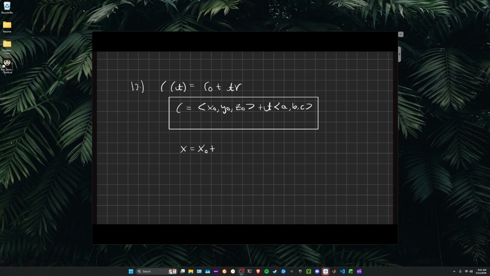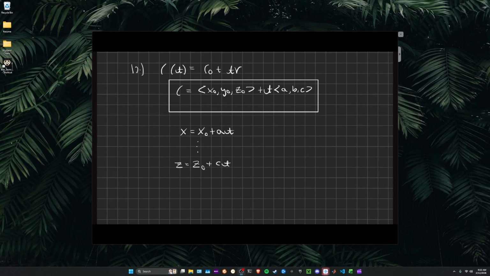So this would be x equals x naught plus at. x naught would be the first component of our point, a is the first component of our vector, and t is still the scalar multiple. We'll do the same down to z equals z naught plus ct.